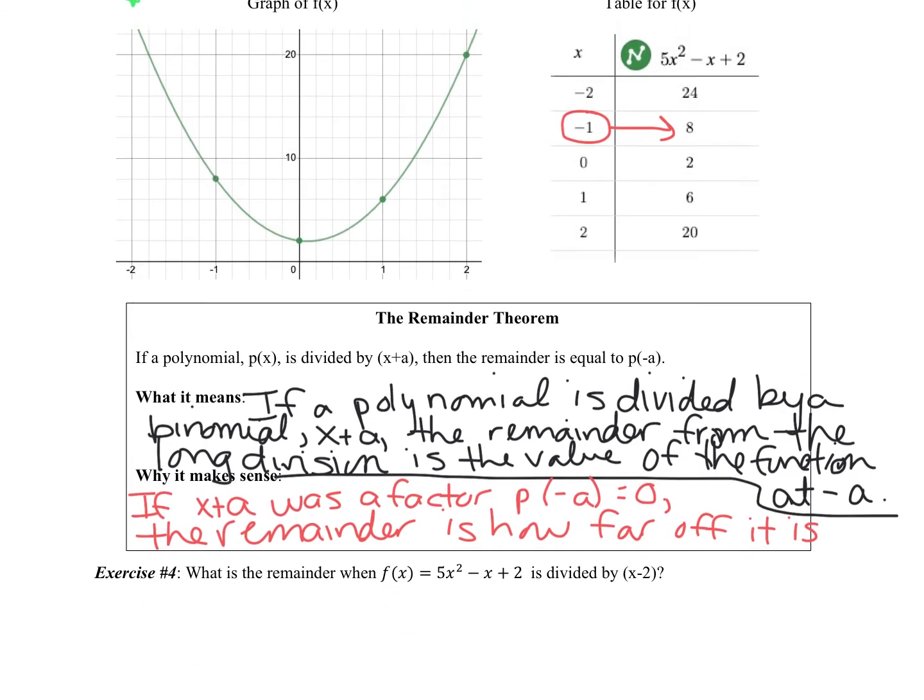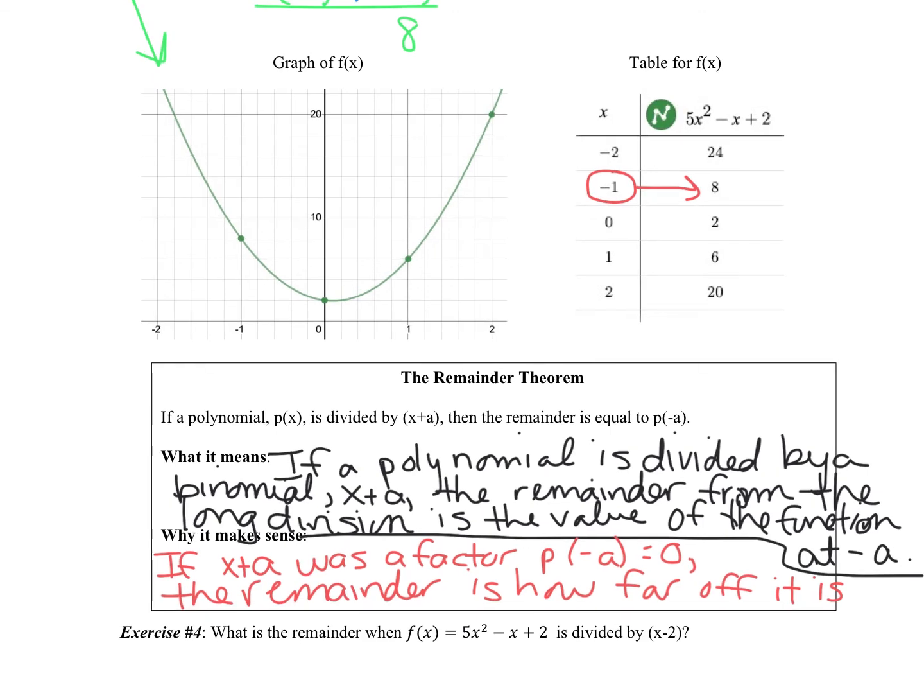So down here, this question I'm using the same function, 5x squared minus x plus 2. What is the remainder when that function is divided by x minus 2? Well, in my table, if I'm dividing by x minus 2, the remainder will be the function's value at positive 2.